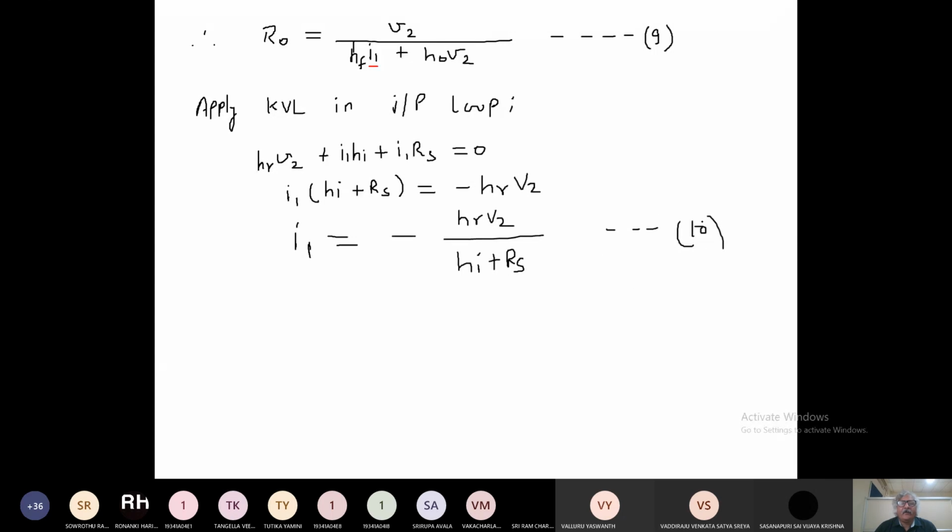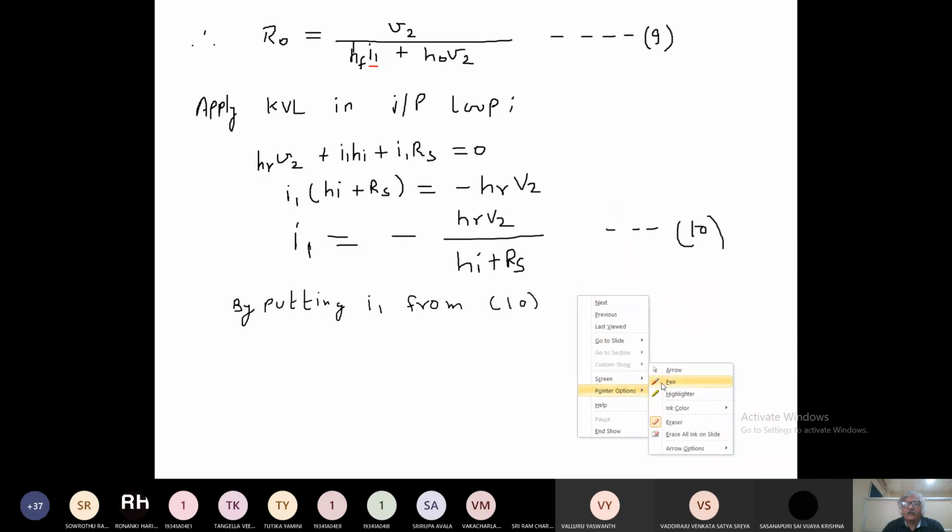Whatever value we got for I1 from 10, we will put in 9, in place of I1.